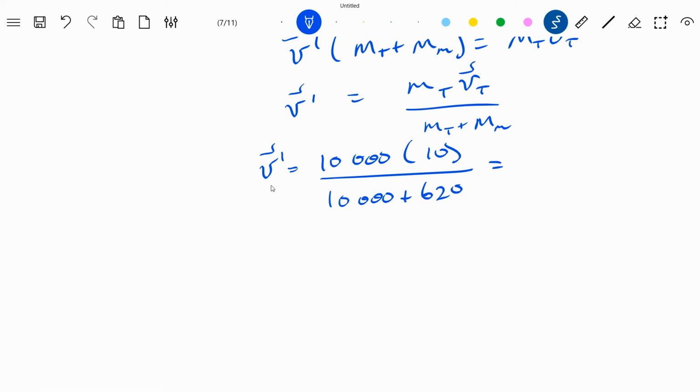Okay, so getting an answer out of this is just 100,000 divided by 10,620. And that gets me 9.42 rounded off to three figures. 9.42 meters per second. There we go. Do we agree with Mr. Dawson? Yes, we do. Awesome.